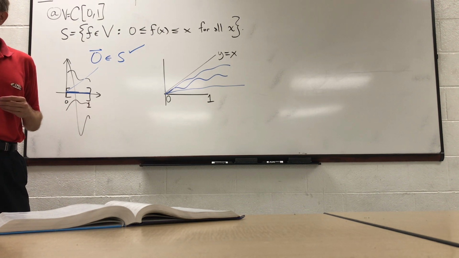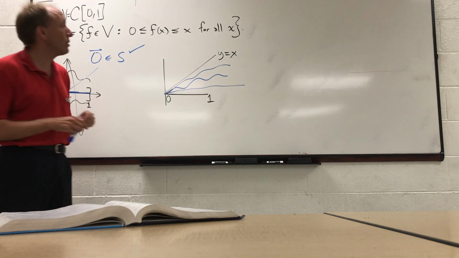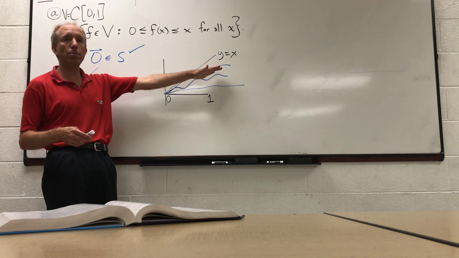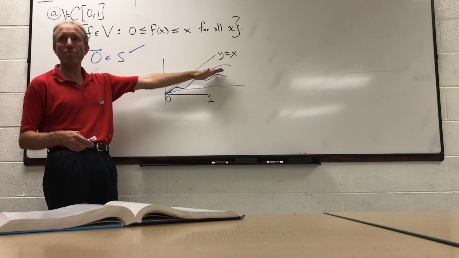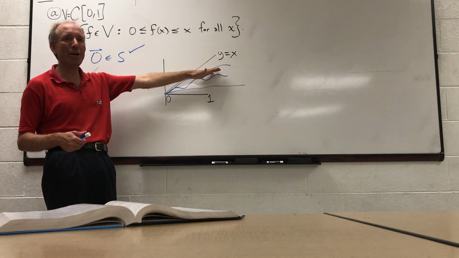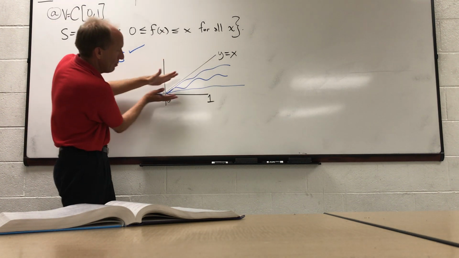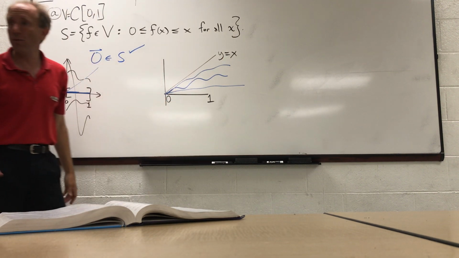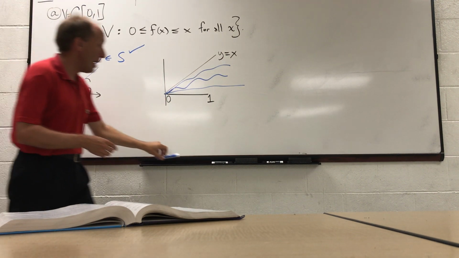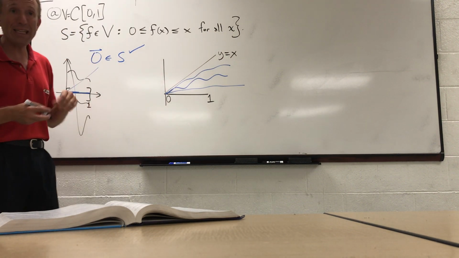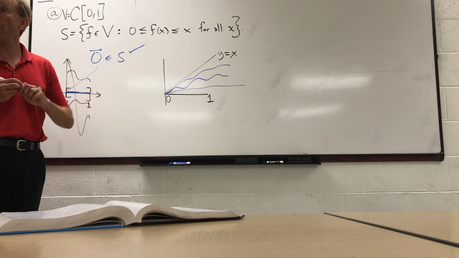Or I just saw it easier with scalar multiplication. So would it be true that if I took one of these blue curves and scalar multiplied it by a number, that it would stay sandwiched in this interval, and you don't think so? Okay, I agree, and I also agree that it's easier to just talk about the scalar multiplication.